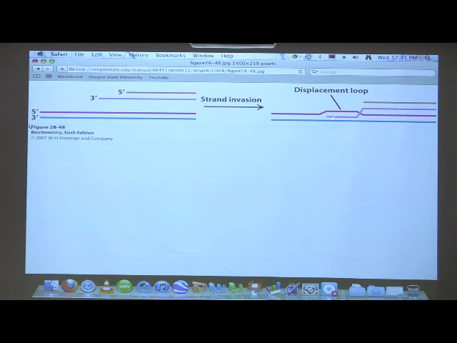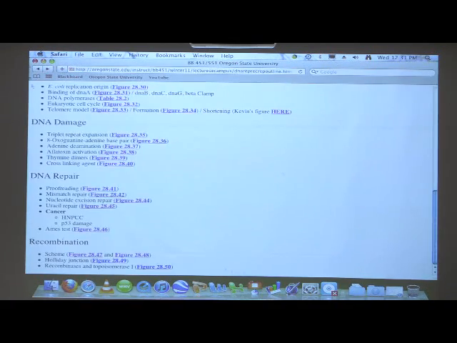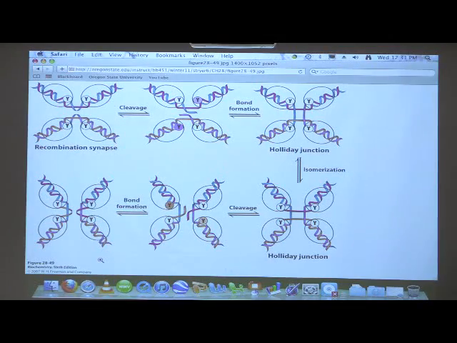That invasion is not unreasonable because, again, this thing is base paired, and once it starts base pairing, this thing can start zippering its way up because those base pairs fit very nicely. They don't have to be perfect. They can be pretty good. Okay? Well, as it zippers up the thing, ultimately it will create a structure called a Holliday junction, most commonly.